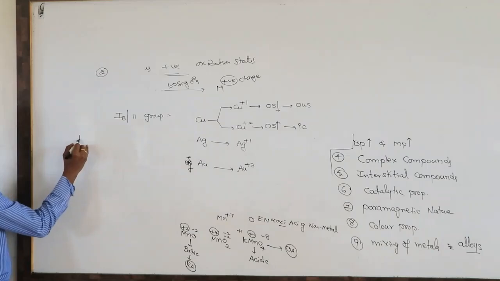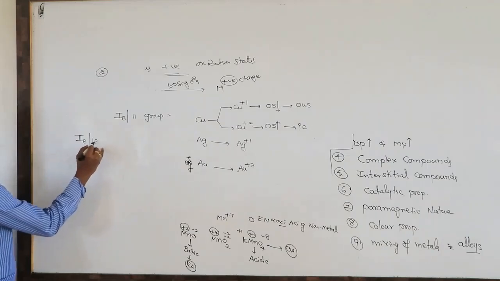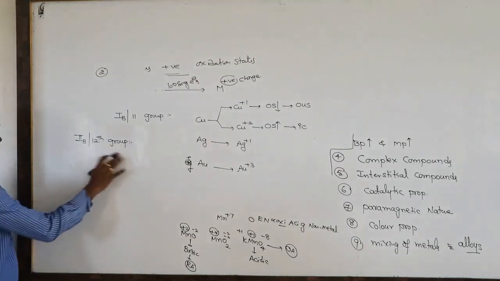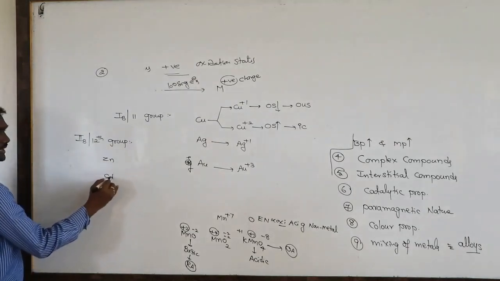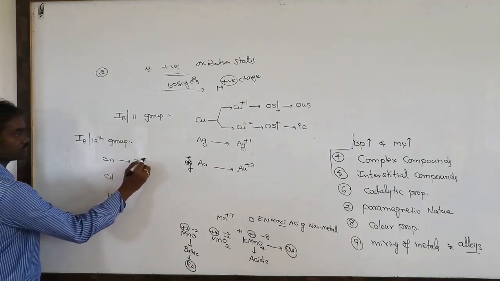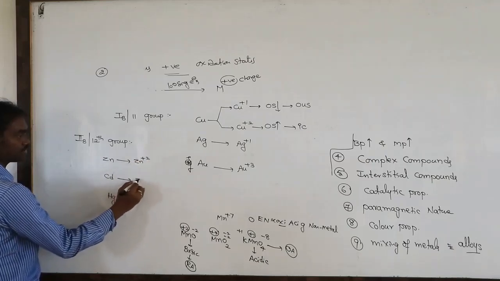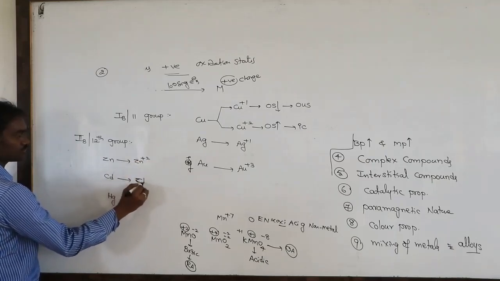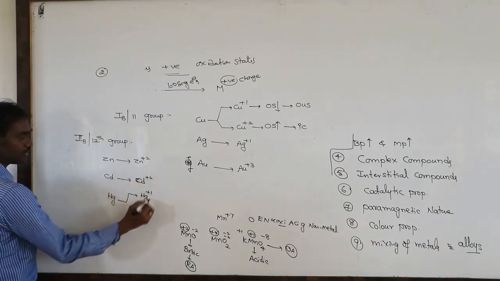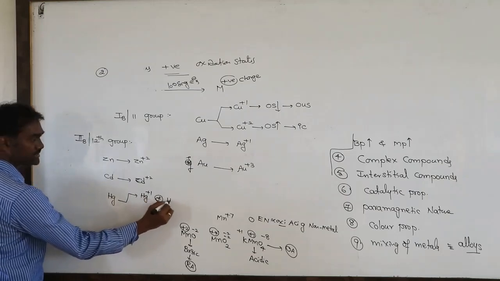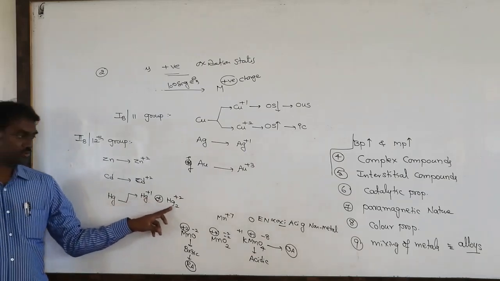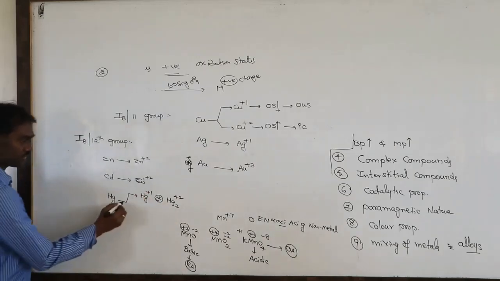Next, second B, otherwise the 12th group. The elements are zinc, cadmium and mercury. Zinc shows plus 2 oxidation state. Cadmium also shows plus 2. Mercury shows plus 1, which in some books is written as Hg2 plus 2, similar to Hg plus 1.